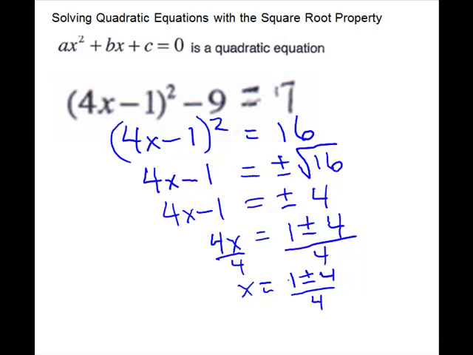So first with the plus, 1 plus 4 is 5 divided by 4. So one solution is 5/4. And the other is 1 minus 4, which gives us a negative 3/4. Right, and I really should put those in numerical order. Negative 3/4 and 5/4 are our solutions.